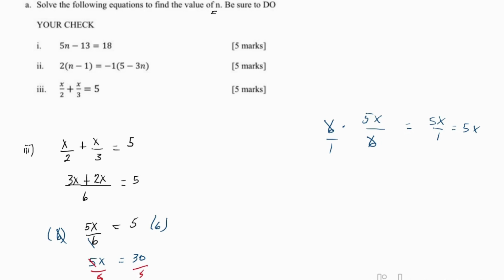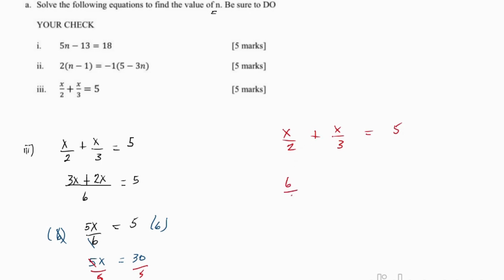Now this is what I believe my answer is. But what does it tell us to do? Check our answer. So our answer we're saying is x is equal to 6. Okay? So x over 2, this is the original problem, plus x over 3 is equal to 5. So wherever we see x, we'll plug in 6 and see if that works out for us.